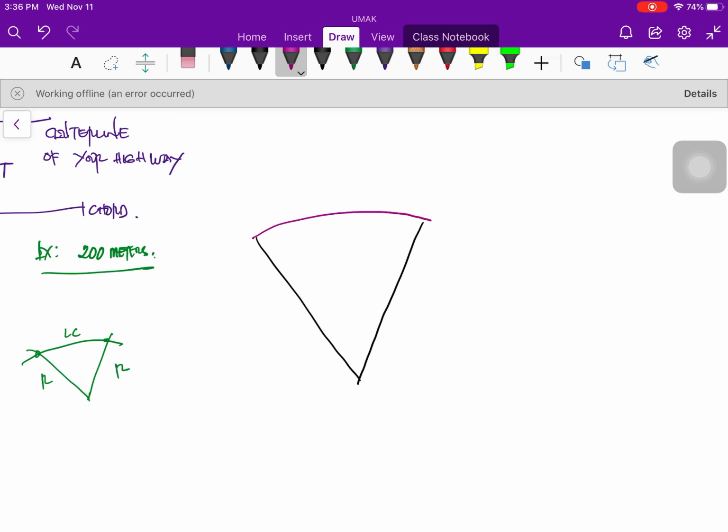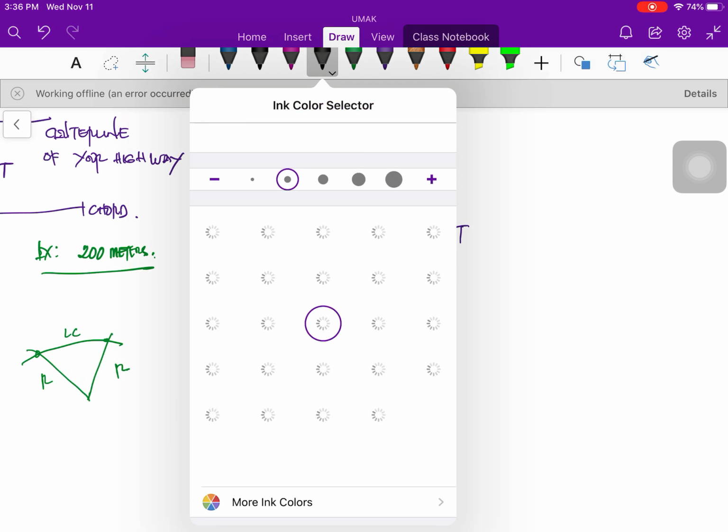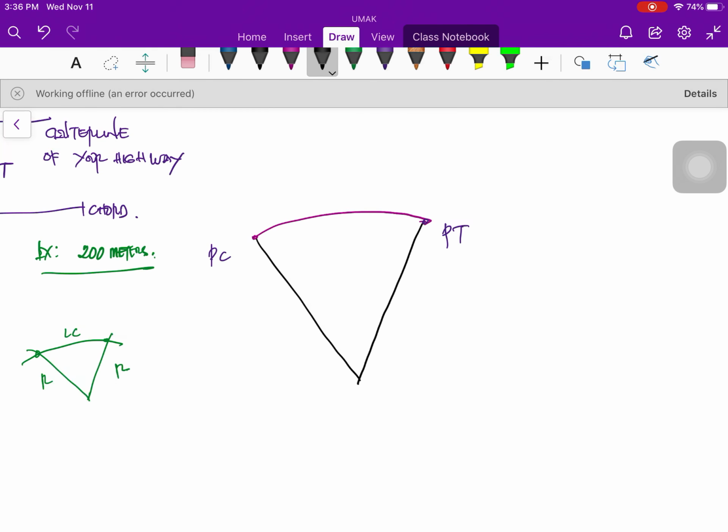If this is your point of curvature, and if this is your point of tangency, they are dividing it.